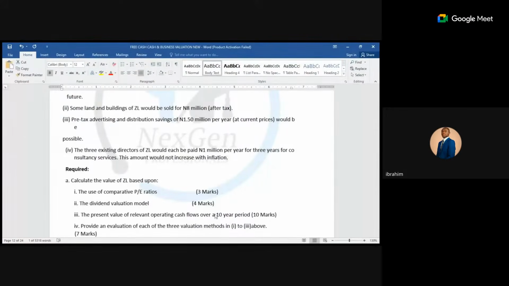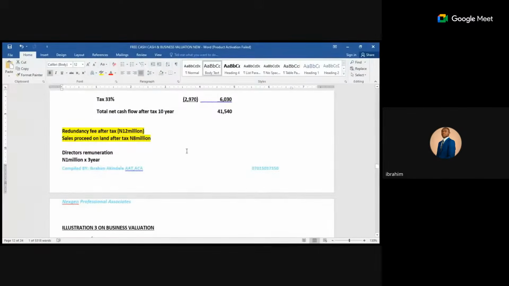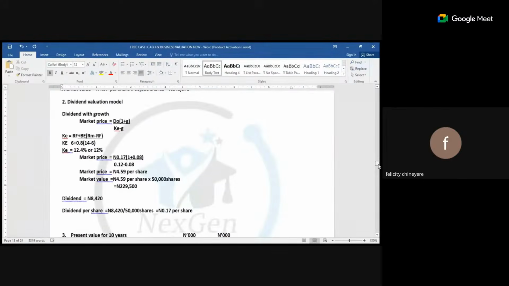Interesting. So the 3 existing directors of ZL would each be paid 1 million per year. Per year, not per director, right? So they will share it. I thought they would give us 3 million each. 1 million each. That's 3 million each for 3 years.